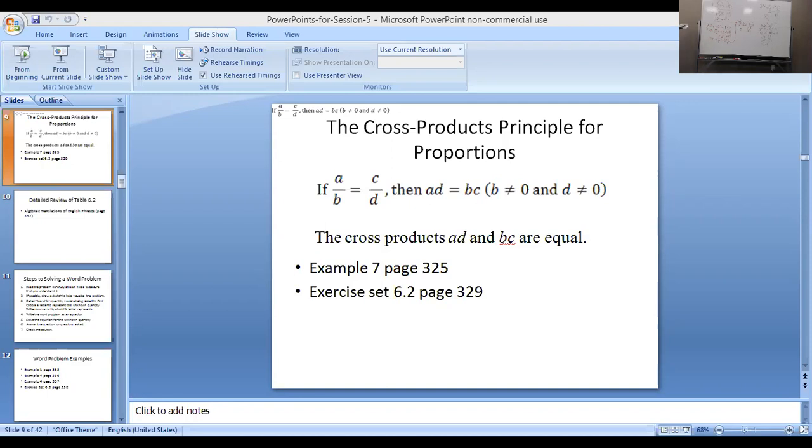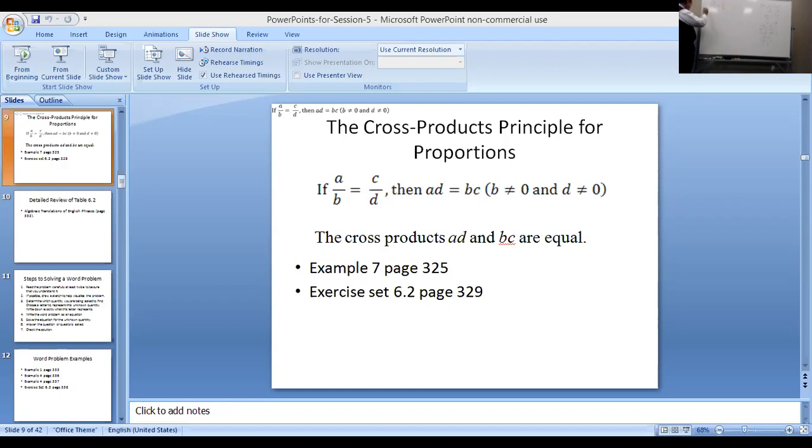So if we have 63 over x equal to 7 over 5, apply that rule.